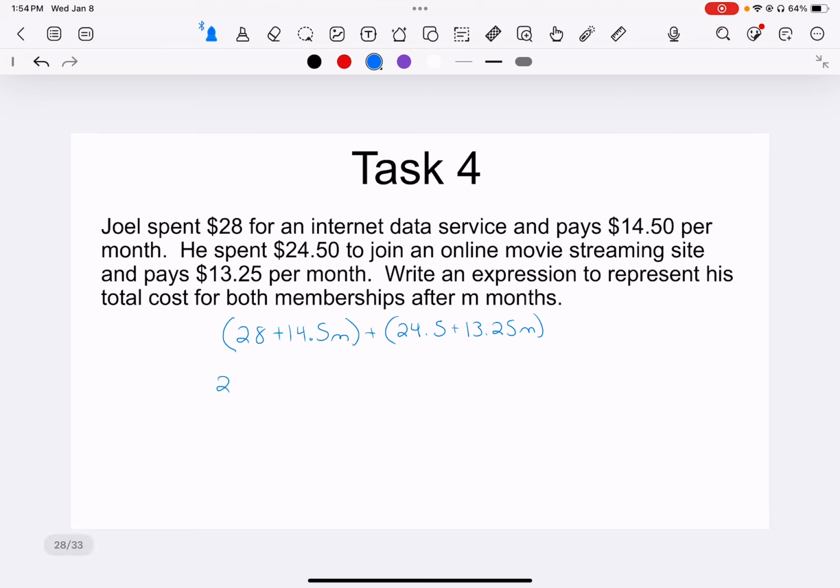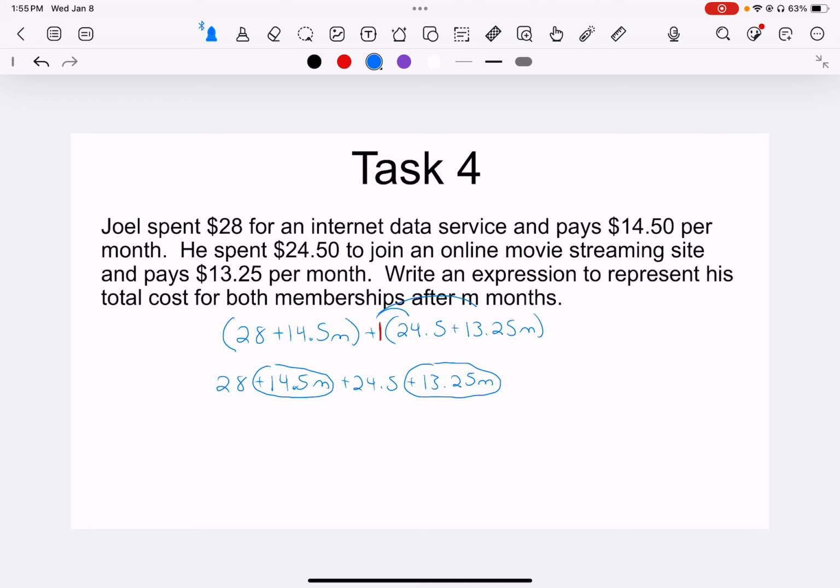Nothing in front of the first parentheses, so I can just bring that down. 28 plus 14.5m. No number here, but imaginary positive 1, which I can distribute to give me a positive 24.5 and a positive 13.25m. Combine my like terms, positive 14.5m and positive 13.25m.